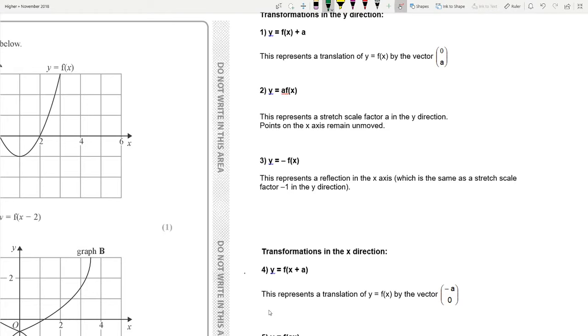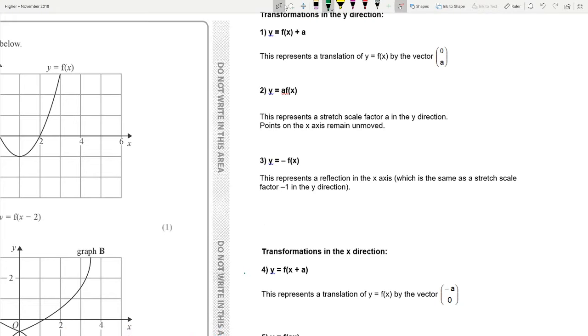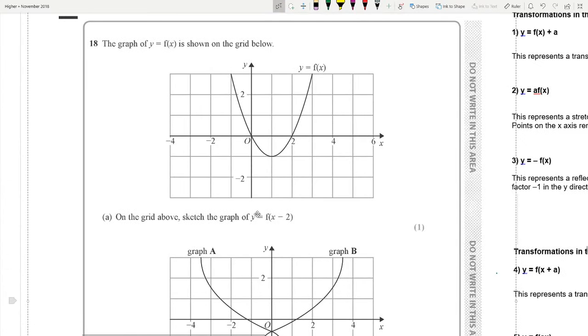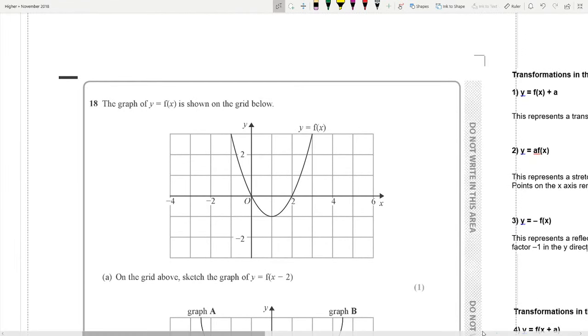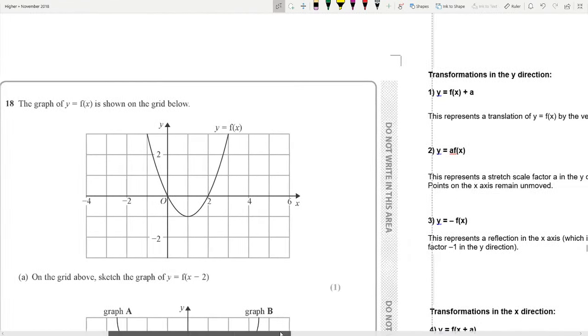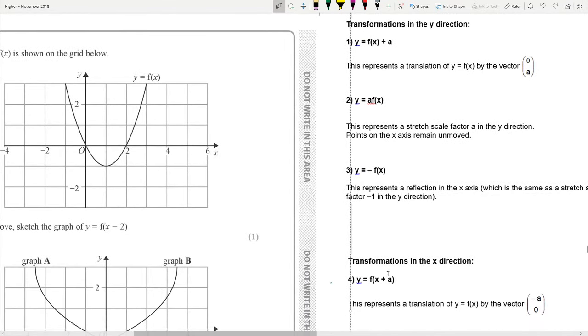Okay, let me just get this screen back again. So part A says that on the grid above, sketch the graph of y equals f of x minus 2. F of x minus 2, this is going to be a transformation in the x direction.